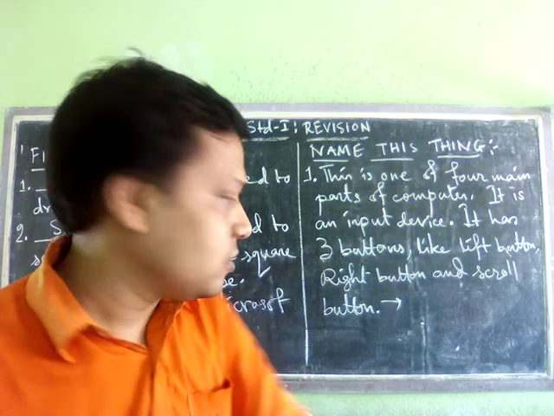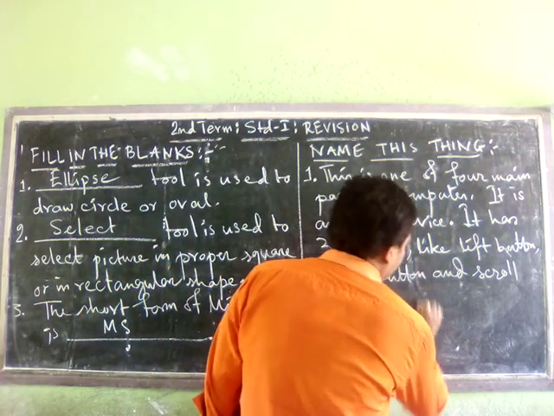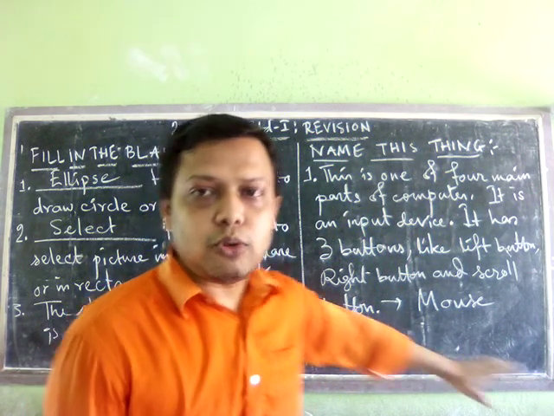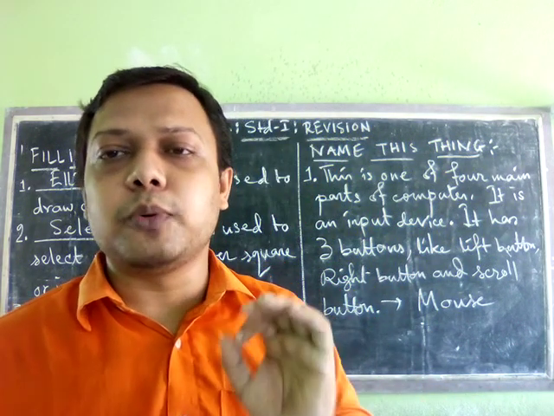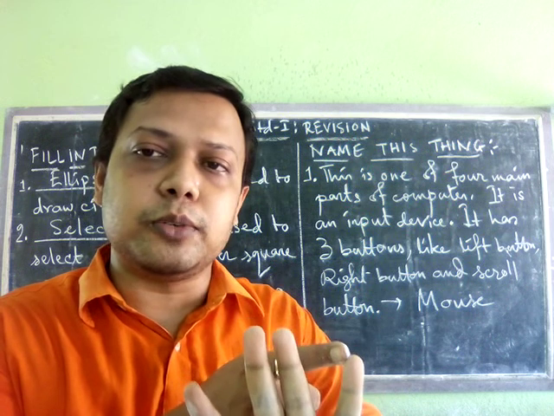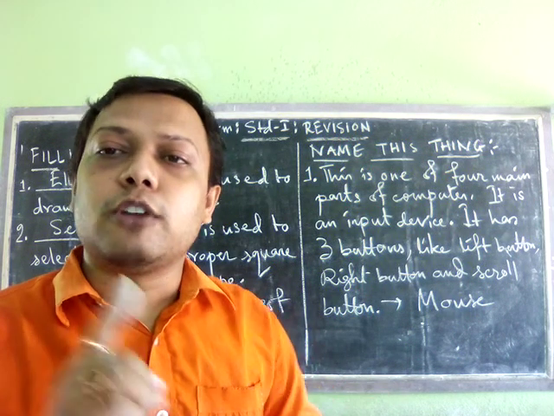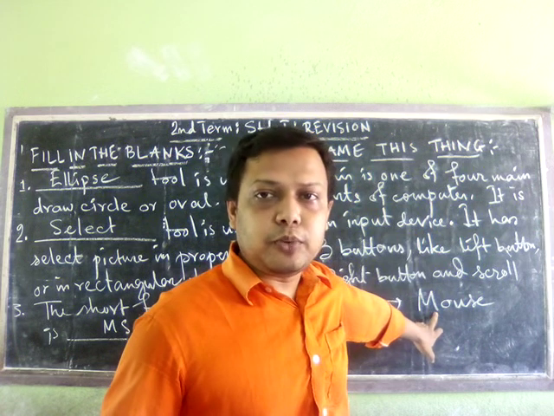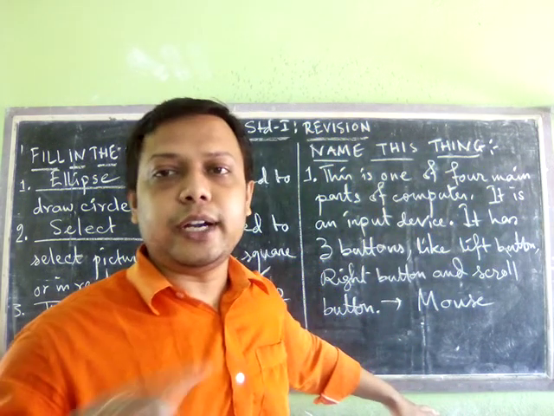It is mouse. It is computer mouse, or we can say mouse. Mouse is one of four main parts. Mouse is an input device, and mouse is also known as pointing device.